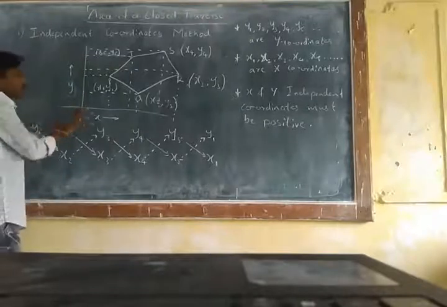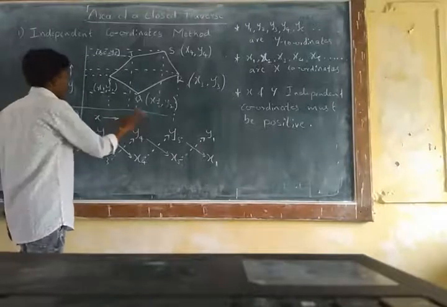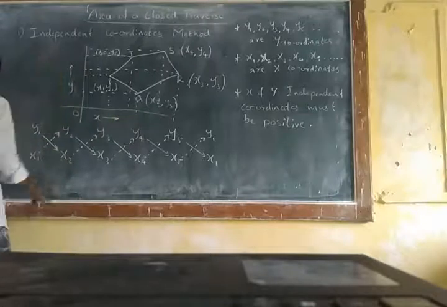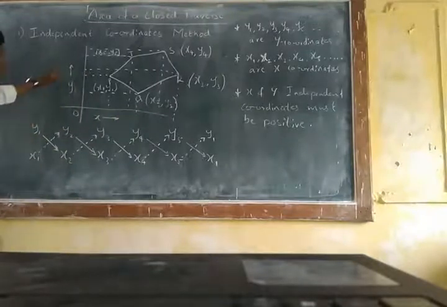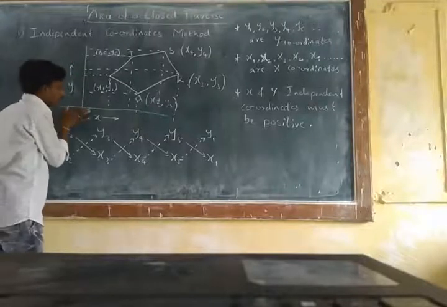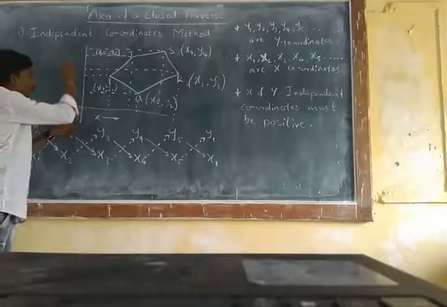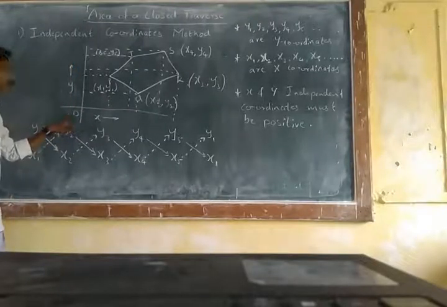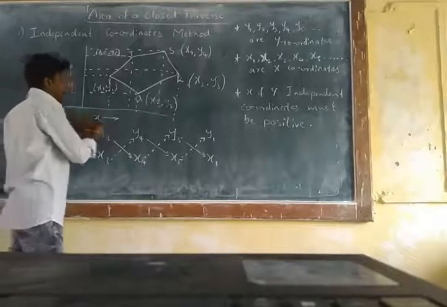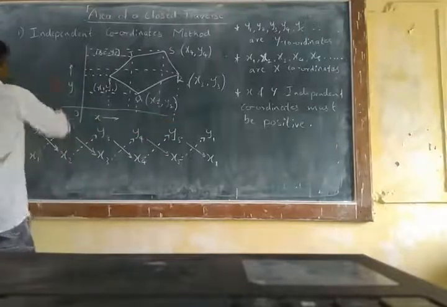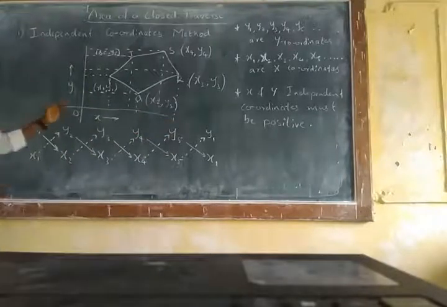So here you can see the two origin points, x direction and the y direction. So this is the origin point O, and it bifurcates into two coordinates. The first one is x direction and the second one is y direction.